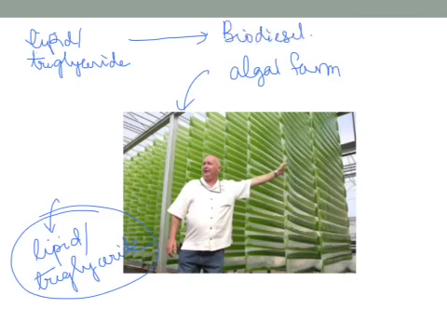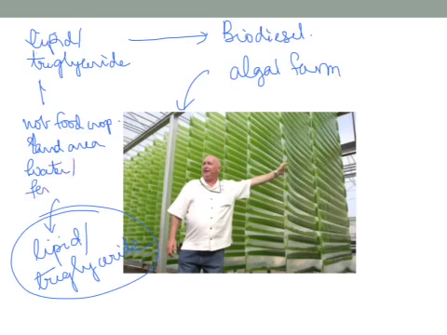The advantage of something like algae is that it is not a food crop, first of all, and second of all, it is not going to use land area, because as you can see here, it's grown in these plastic packets, and a lot of them are growing in a small area. The other advantage is you don't require water, you don't require fertilizer. These are some of the things that you need for things like soy, for things like palm oil, etc. And so you're going to eliminate a lot of those disadvantages.